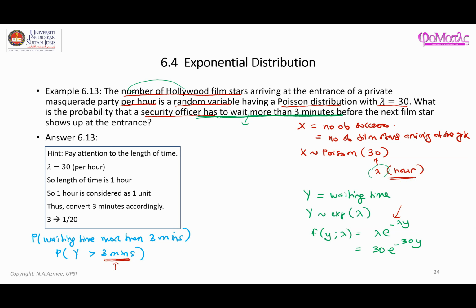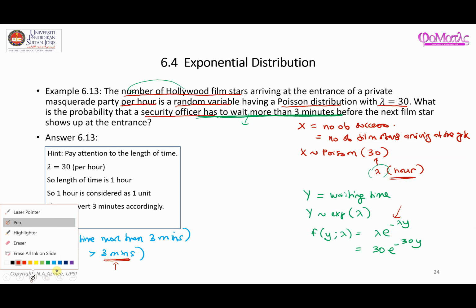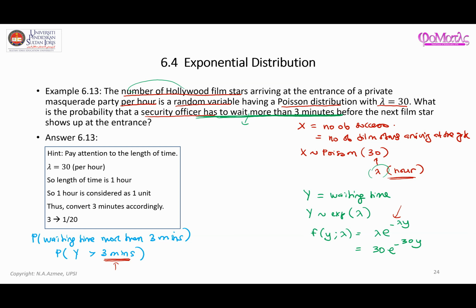So what you need to do next is consider that 60 minutes is equal to 1 hour. Therefore, 3 minutes is equal to how many hours? What's the fraction of an hour? We can solve it by considering 60 over 3 is equal to 1 over x.